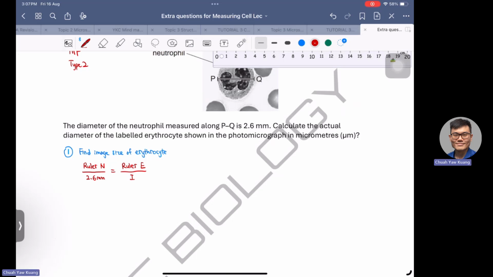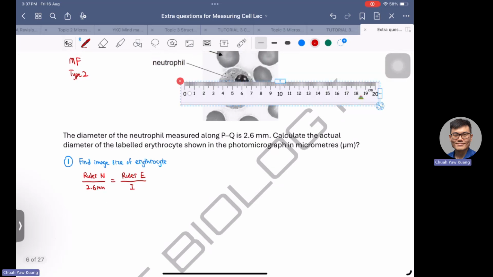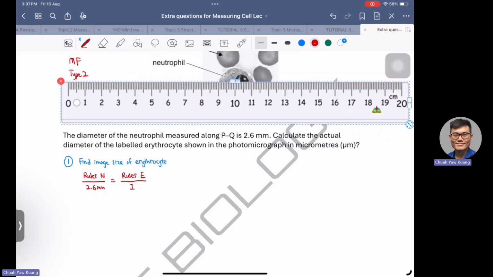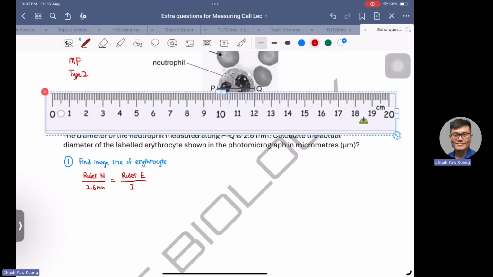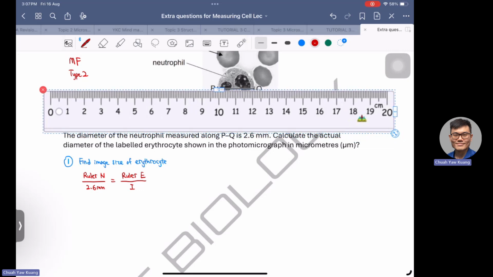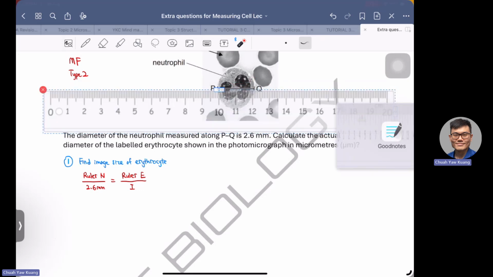Let's say I use my own ruler to measure that. When I measure it, it is actually 2.1 cm, you can see here. It's not so accurate, but from my physical ruler, it is 2.1 cm. Maybe I just enlarge it a bit.